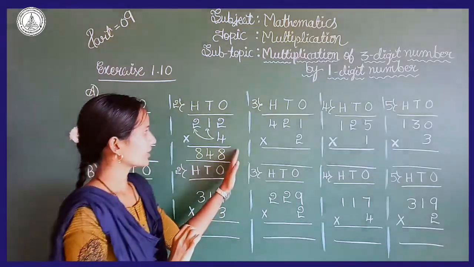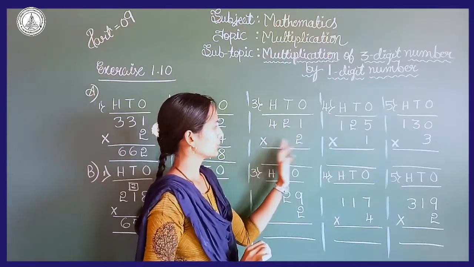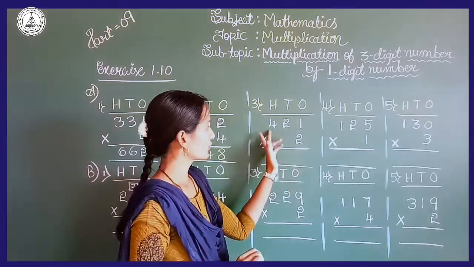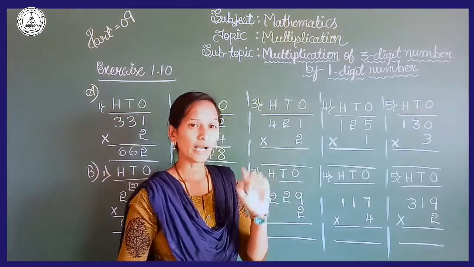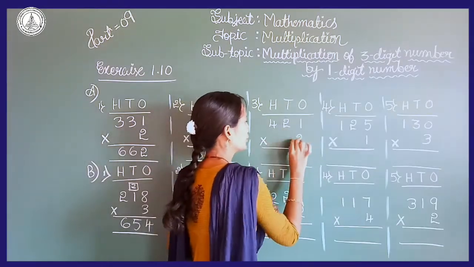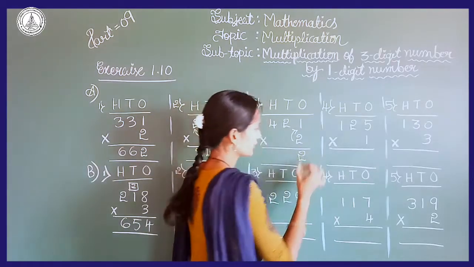Right? So now come to the third problem. 421 into 2. So here 2 is the multiplier. Right? So 421 is the multiplicand. The first step is 2 into 1. 2 1s are 2. Write down here 2.